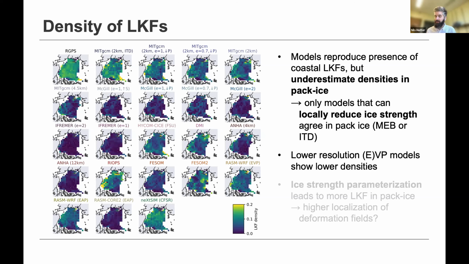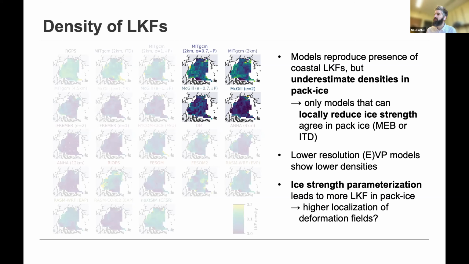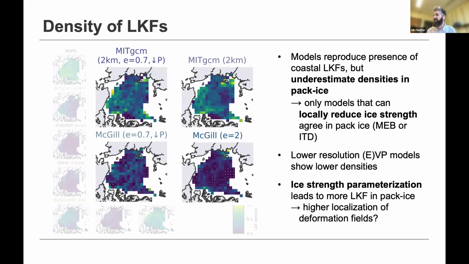One other thing that I want to point out here is focusing on two pairs of simulations which use different ice strength parameterizations. I enlarged this for you to maybe better see.